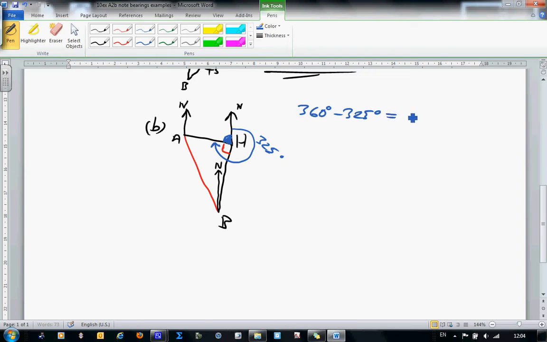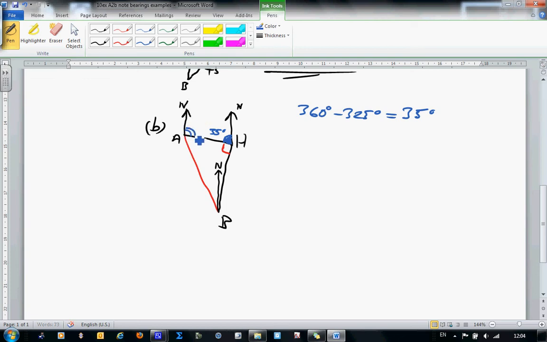We know that the two north lines are parallel, and so we know this angle here as well. Using parallel lines, that angle is 180 minus 35, which is 145 degrees. So this is 145.